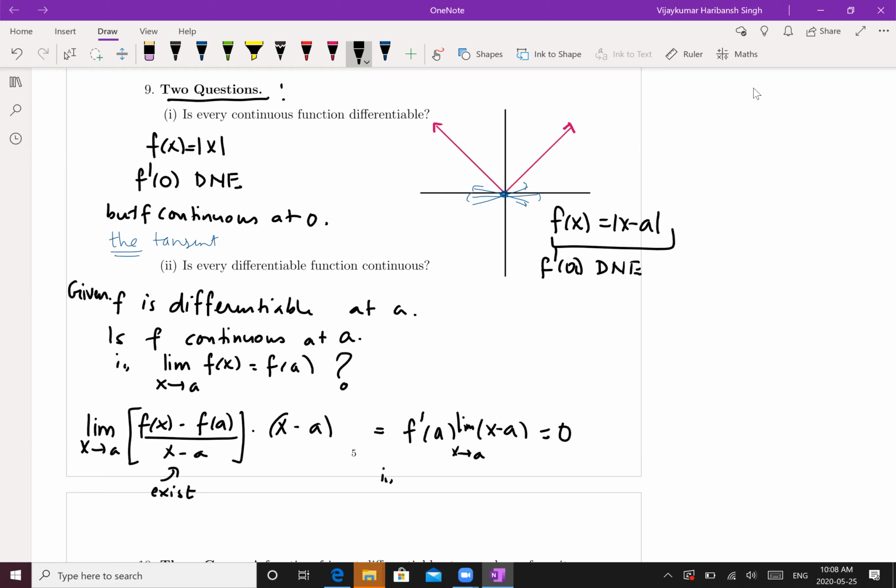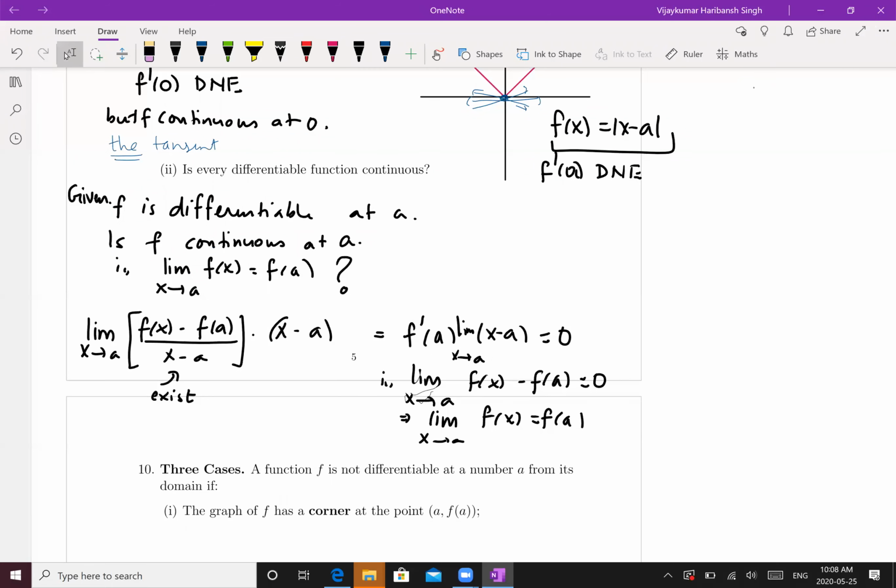That is, the limit as x goes to a of f of x minus f of a is 0. This implies the limit as x goes to a of f of x is equal to f of a. Therefore, f is continuous at a. So differentiability implies continuity.